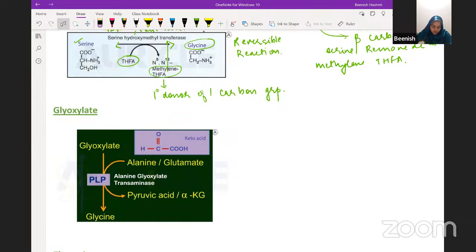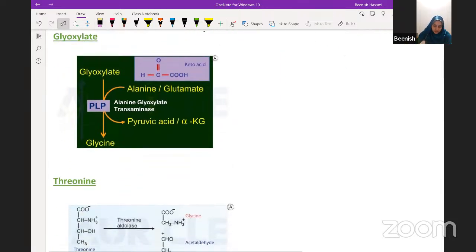The amino group from alanine is transferred to glyoxylate to form glycine, and alanine itself is changed to pyruvic acid. If it was glutamate, then glutamate would change into alpha ketoglutarate. And the coenzyme required is PLP. So that was the synthesis of glycine from glyoxylate.